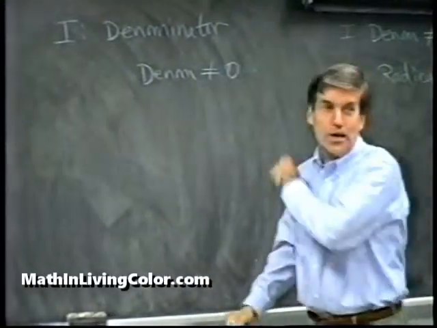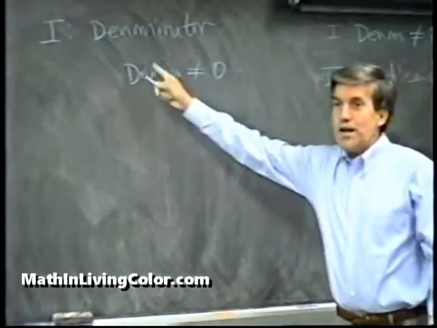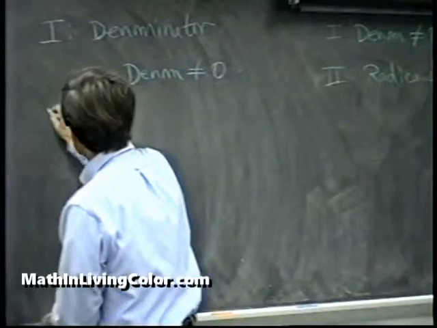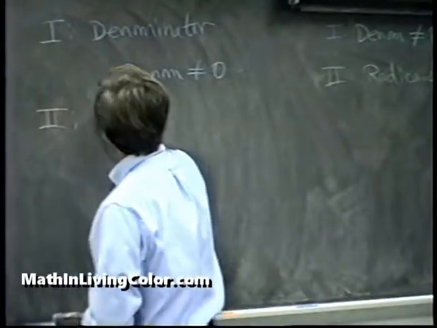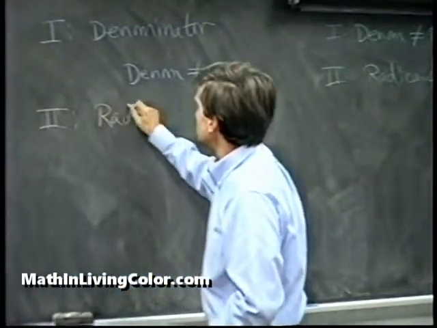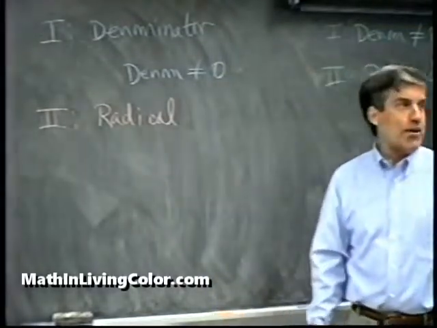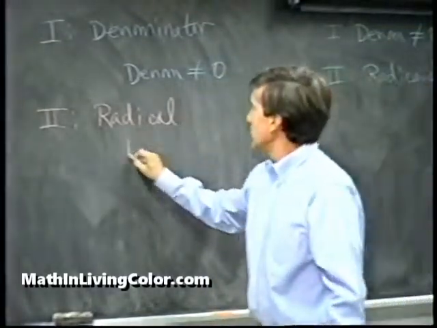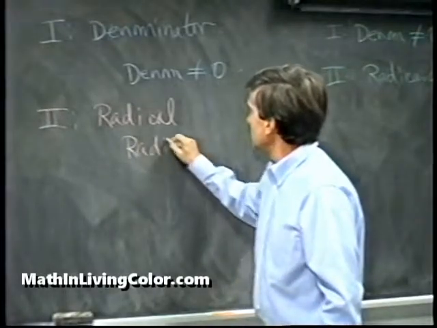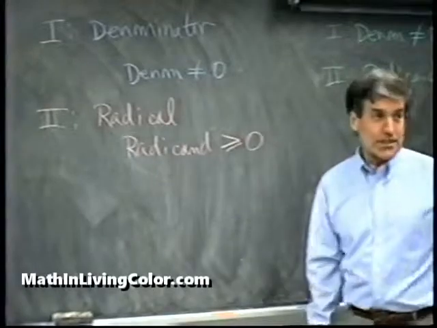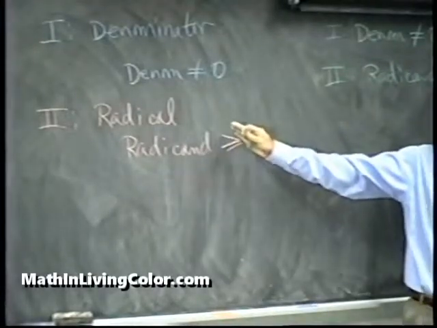That's category 1. If there's no denominator, what do we look for? Category 2 is where there is a radical. And guess what? If there's a radical in the problem, what are we going to have for a requirement? The radicand must be greater than or equal to 0. You see that? That's the second category.